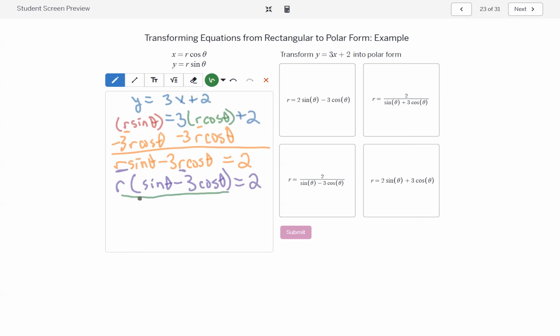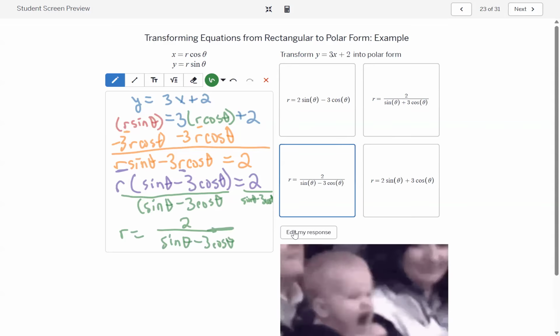So r times ugly mess, so I divide by ugly mess. And r is 2 divided by sine theta minus 3 cosine theta. There it is.